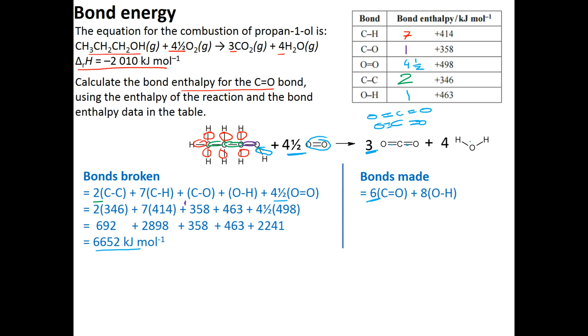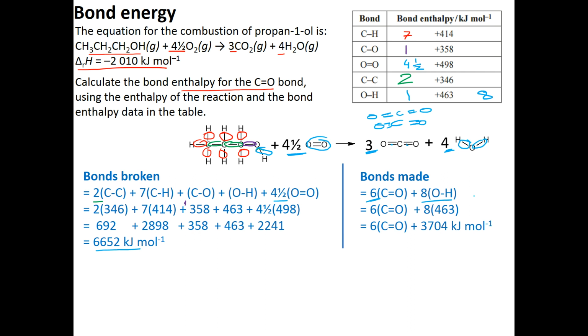And then if you think of the water, I've got O-H, and I've got 4 of them. So being made, I have 4 O-H. 4 times 2 is 8 O-H. And if I then calculate it by substituting, then my answer is 6 C double bond O's plus that value, 3704.